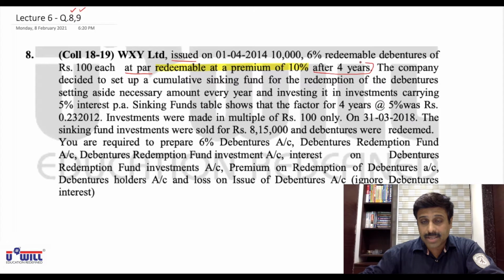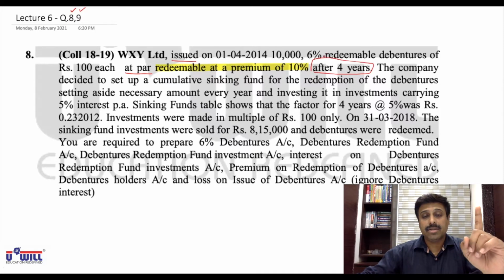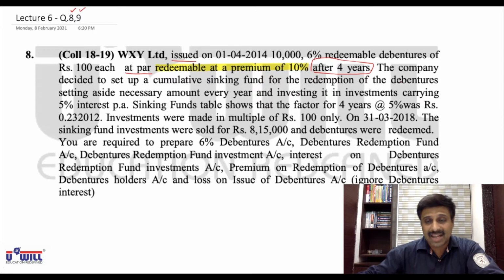After 4 years, first year issue plus 2 entries, so 3 entries, and even the premium, so 4 entries in fact, because we have to write off the loss on issue also in the first year. Then second year 4 entries, third year 4 entries, so 12 entries, and fourth year 7-8 entries, so 20 to 21 entries in all you will have.